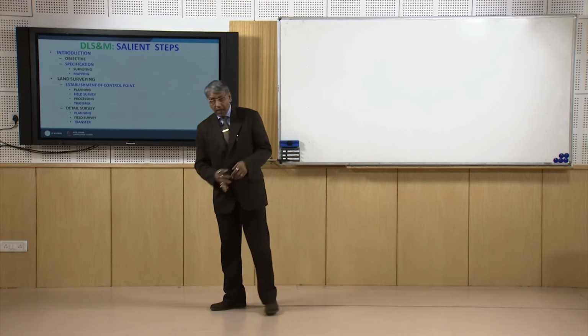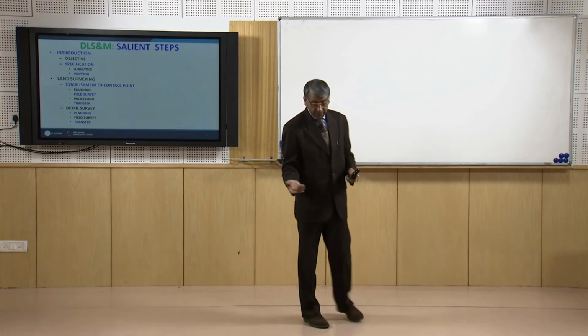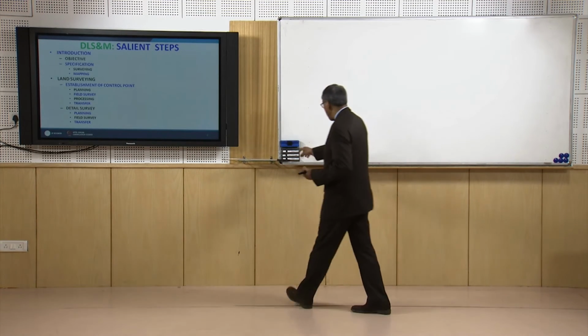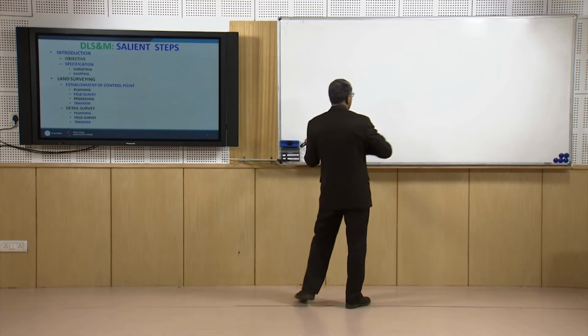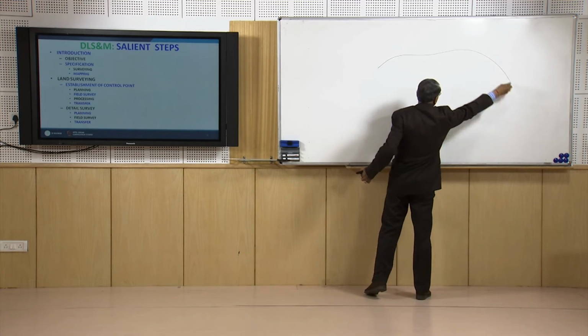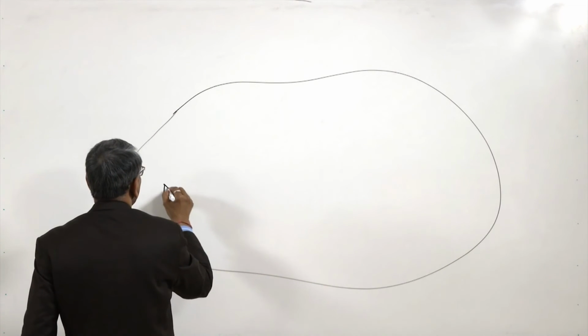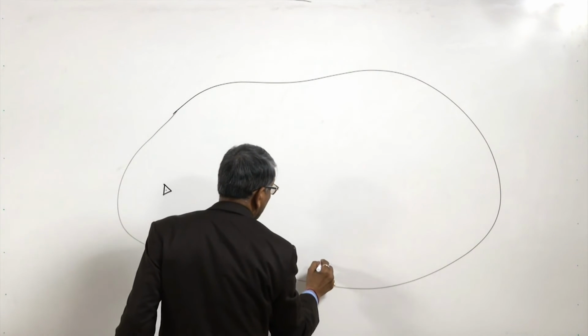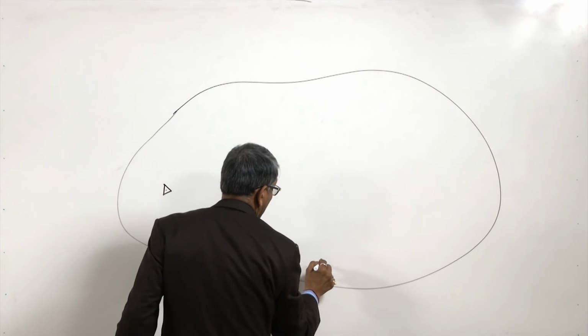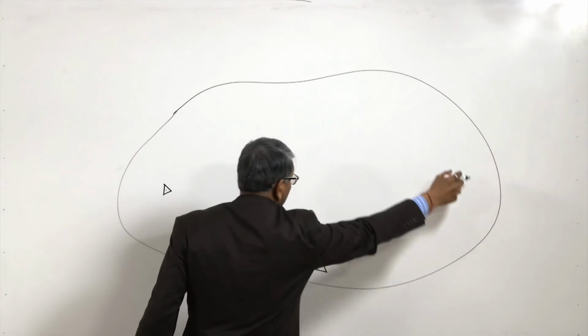Now another way we go for, sometimes for some area, suppose this is the area for which we would like to go for surveying, and we have a control point somewhere here, another control point somewhere here, but we will need to do the survey all throughout.